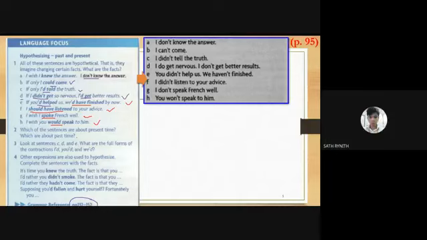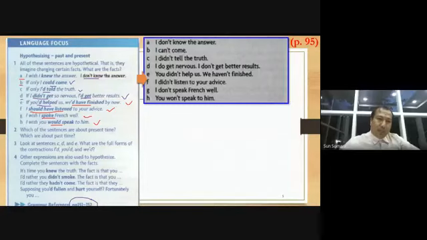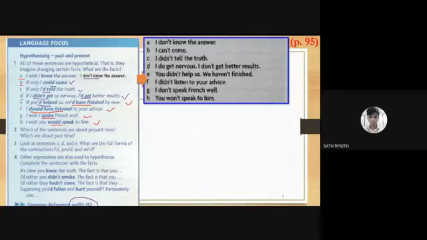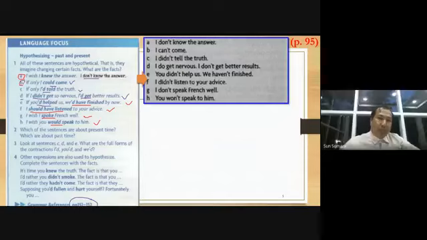Letter A, B, D, and G are about present time. Okay. Yes. Besides these are past.